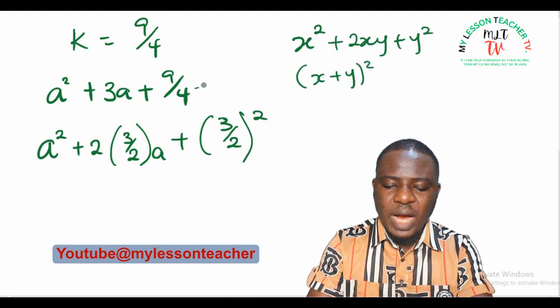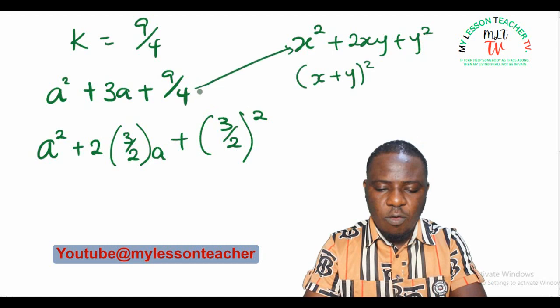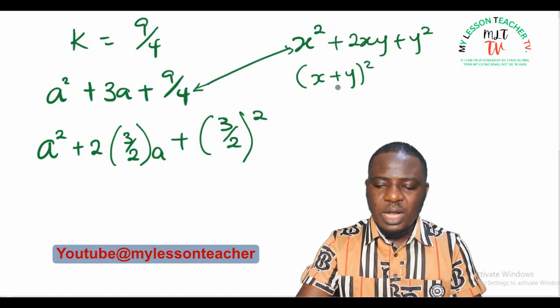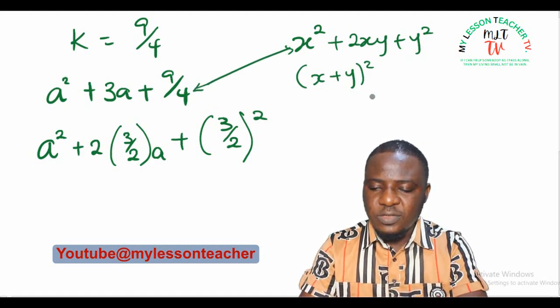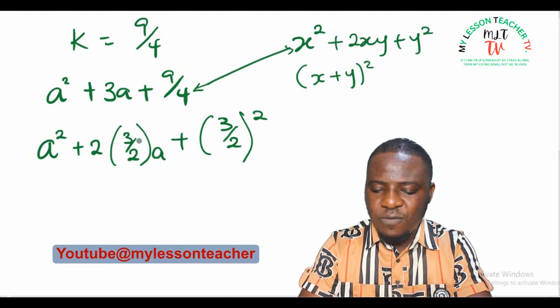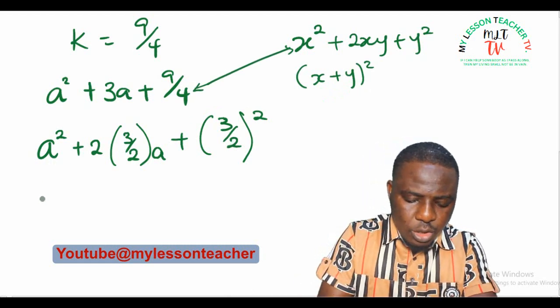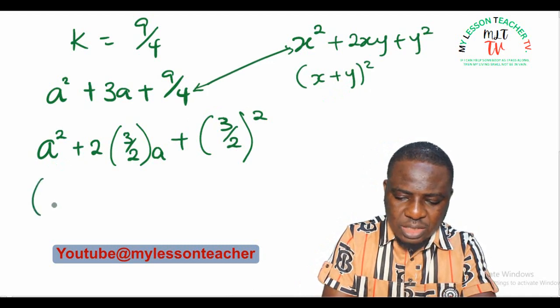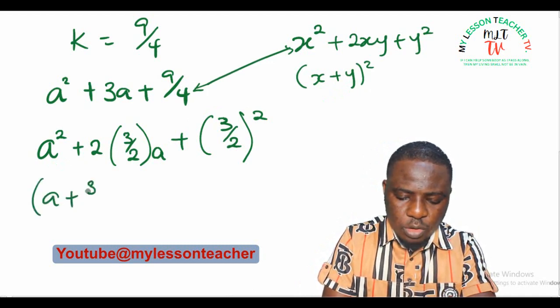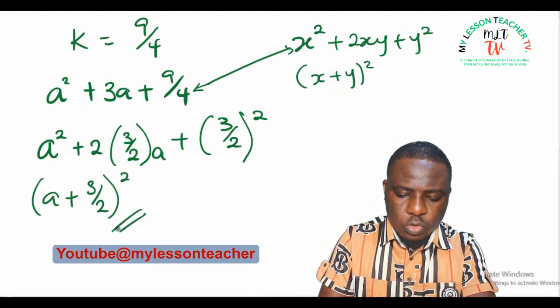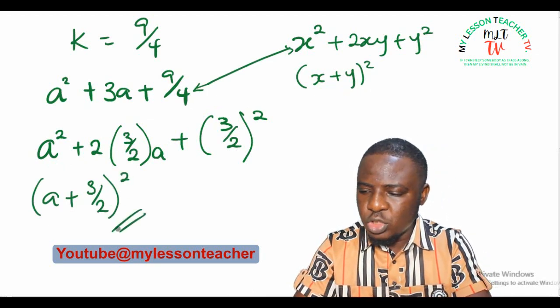So all I did was to write this expression in this form. And once that is done, you can thereafter factorize it in this form, where x is said to be the first term and y is said to be the middle term. So when you compare, you agree with me that this can be written as a plus 3 over 2 all squared. So when you factorize, this is what you will get.